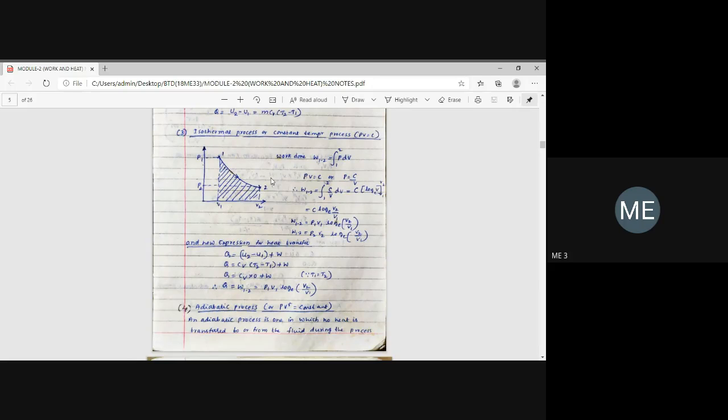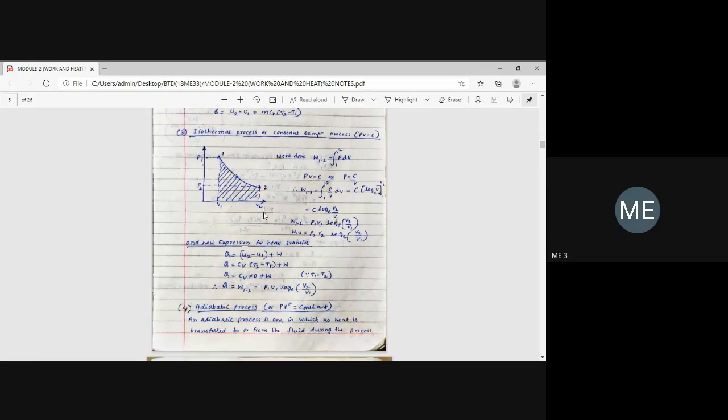In the entropy chapter we have another curve called the TS diagram. Up to the first law of thermodynamics, PV diagrams are most important, and in the second law of thermodynamics, the next module, PV and TS diagrams both play an important role, where you draw the TS diagram with T as the y coordinate and S as the x coordinate, and here P is the y coordinate and V is the x coordinate.